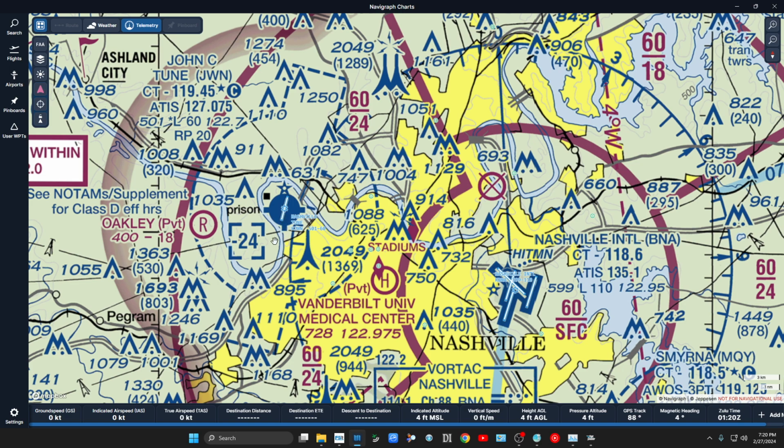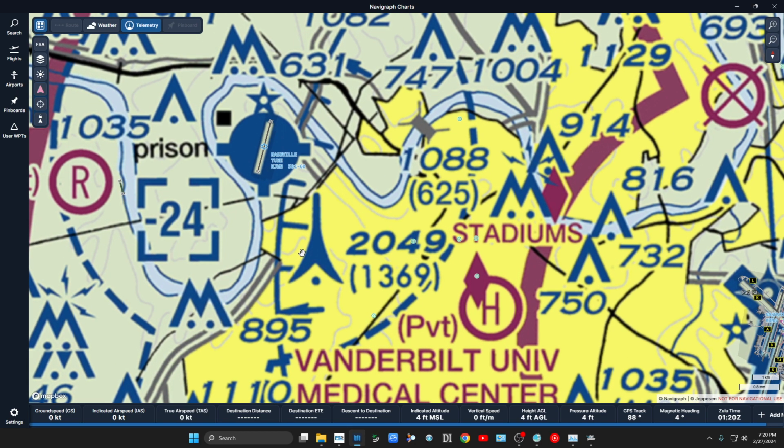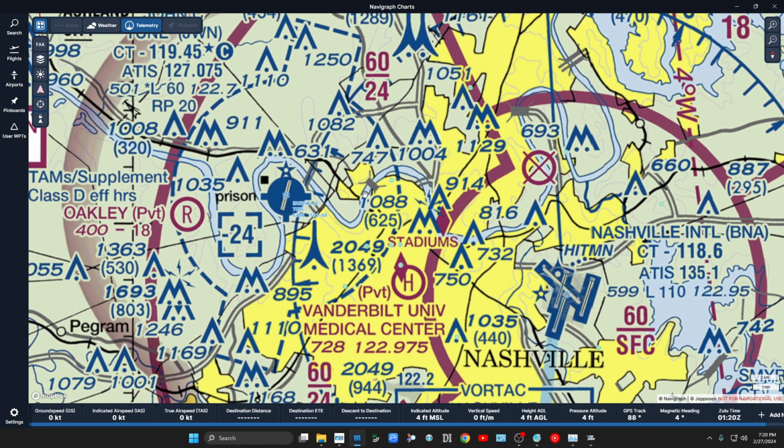Radio or, I don't know what you call it, tall tower. And this is a very hilly area right here. So it's for obstacle and terrain clearance, or noise abatement rules or laws, that they would dictate left or right traffic.